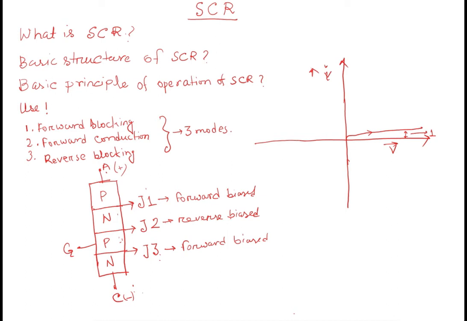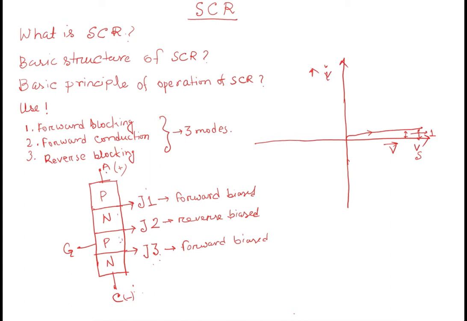Suppose after a certain voltage, if we increase the anode to cathode voltage difference and exceed some voltage, suppose Vs, then this J2 junction goes into the breakdown region. In other words, the J2 junction undergoes avalanche breakdown.